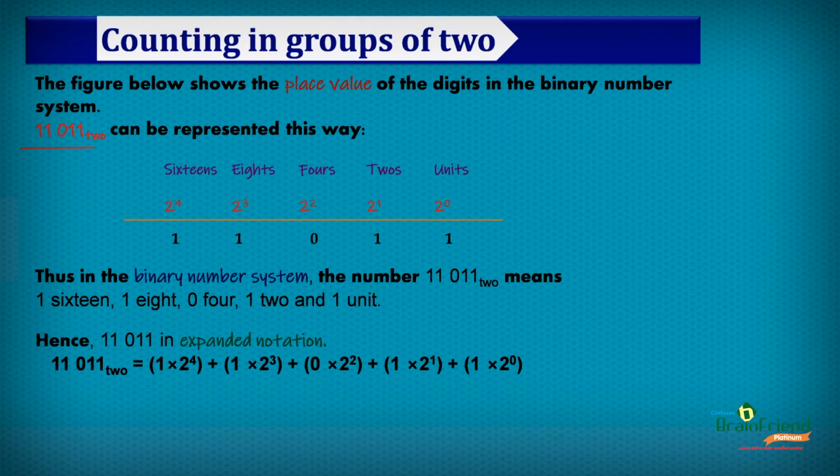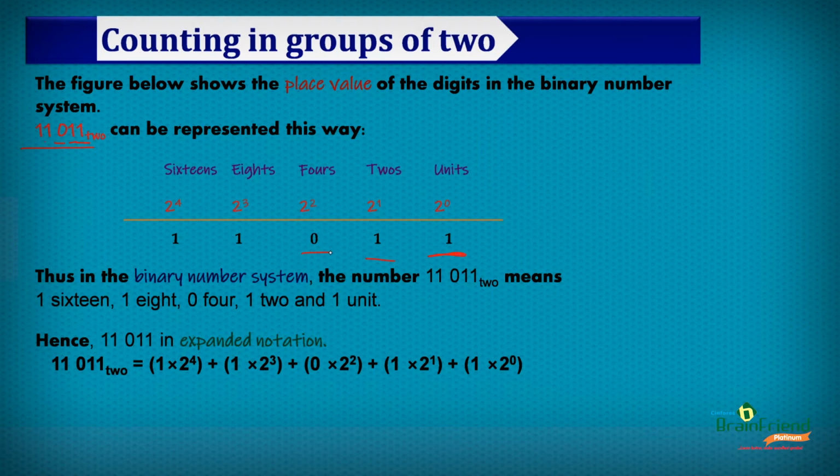Now, the number 11011 in base 2 can be represented as shown here. The first digit, which is this one, comes under units. That is 2 raised to power 0. The second digit comes under 2s. That is 2 raised to power 1. The third digit, 0, comes under 2 raised to power 2. That is 4s.